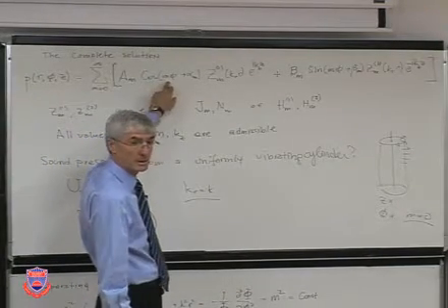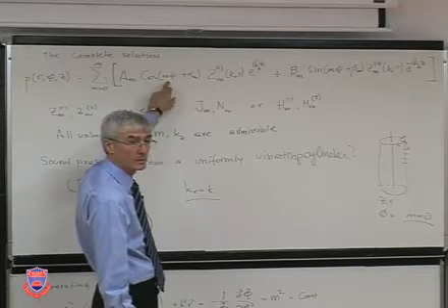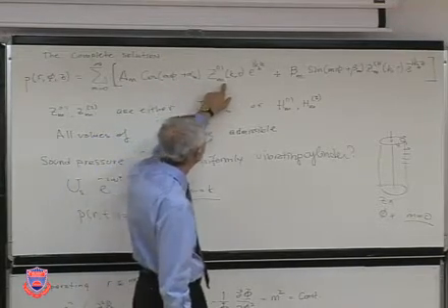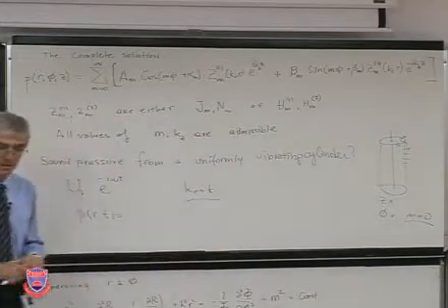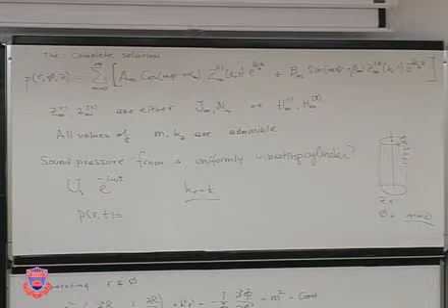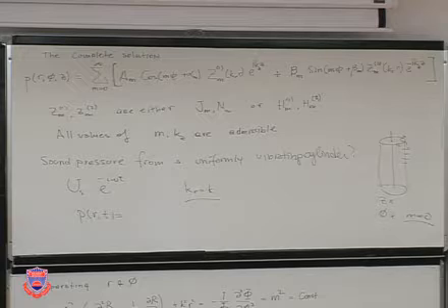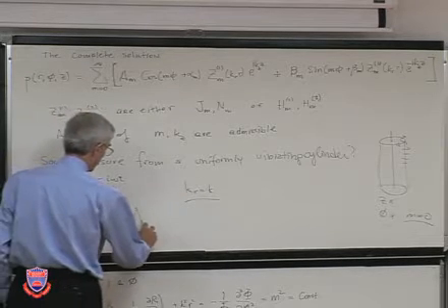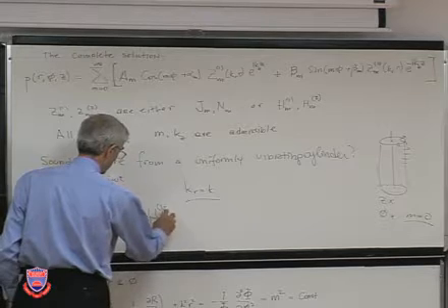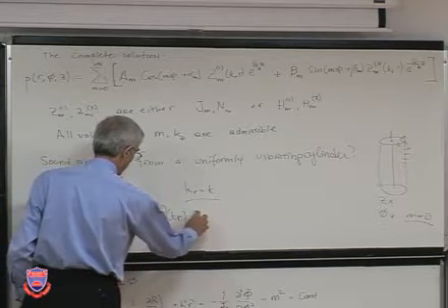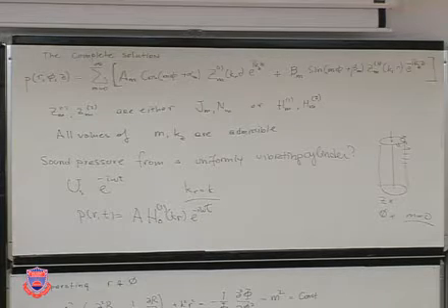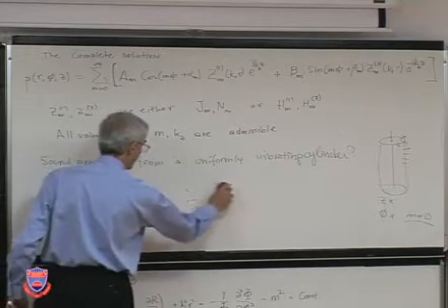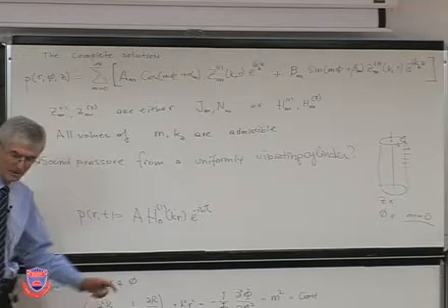There's no angular dependence, m is equal to 0. We have 0 here, and there's no z dependence. If it's just purely radiating, just like before, we would have H, very simple. And that would be the expression for sound radiation from a uniformly vibrating sphere, cylinder.